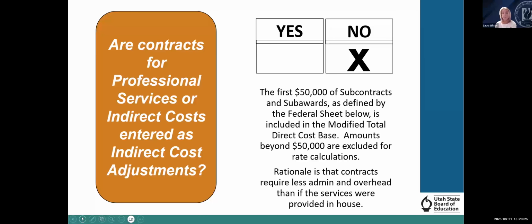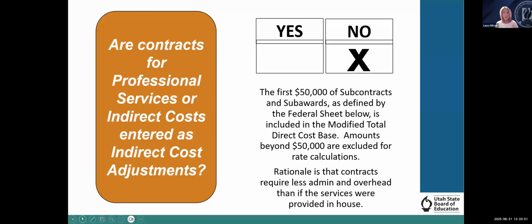So it doesn't matter if it's a $2 million contract or a $75,000 contract. Only the first 50,000 are going to be put into our denominator. The idea behind that is that when we contract out services rather than doing them in-house, there is just less of an administrative burden on the LEA.